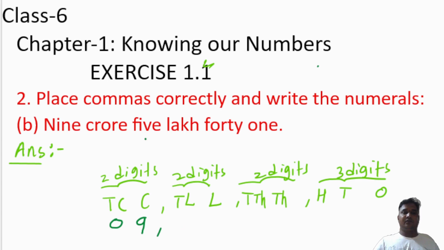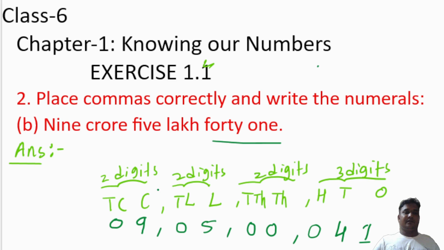So 5 lakh we have to write as 05, comma. Then 41, there is no thousands, so we write 00, then comma. 41 is there, so there is no 100s place also, so this is also 0. So the tens place will be 4 and the ones place will be 1.